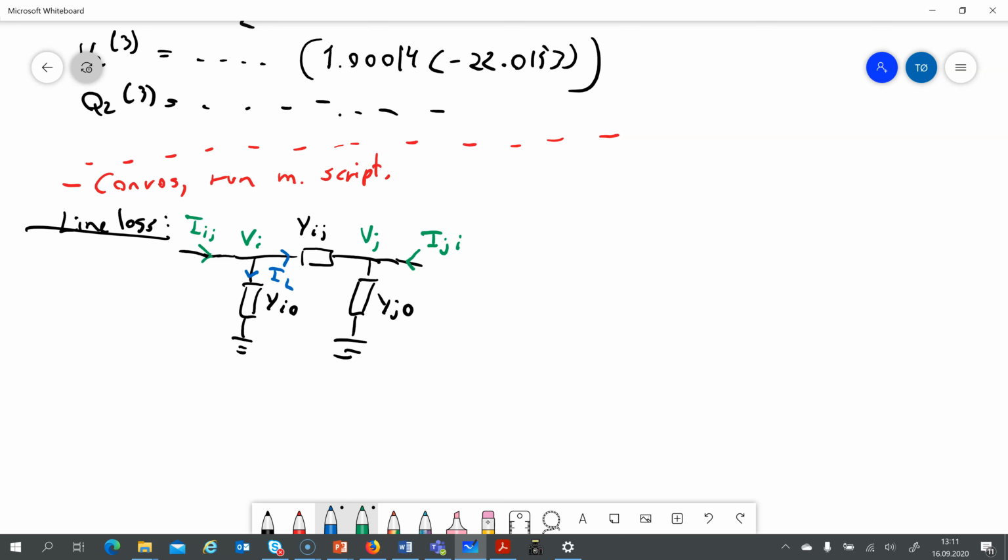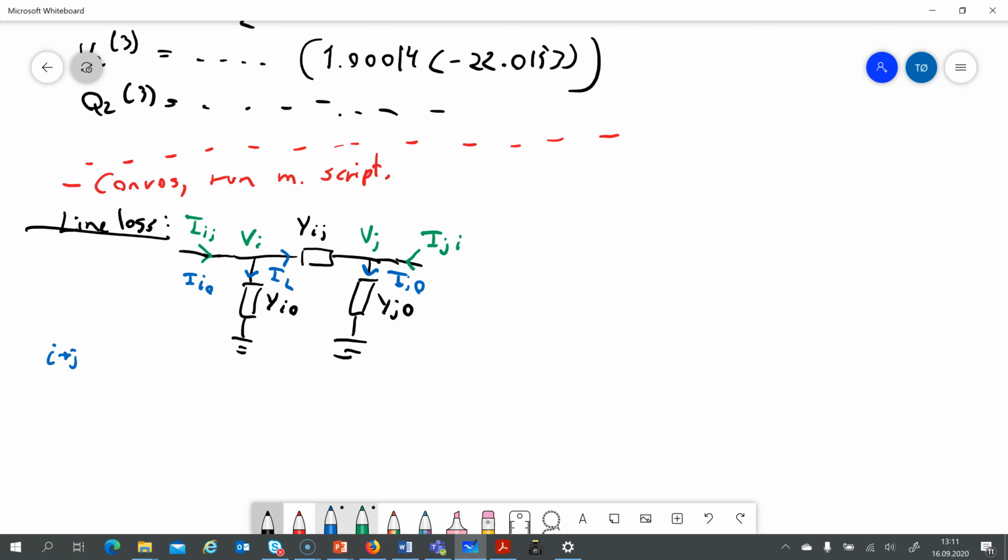Then we can have a current going here, Ii0, and a current going here, Ij0, like this.